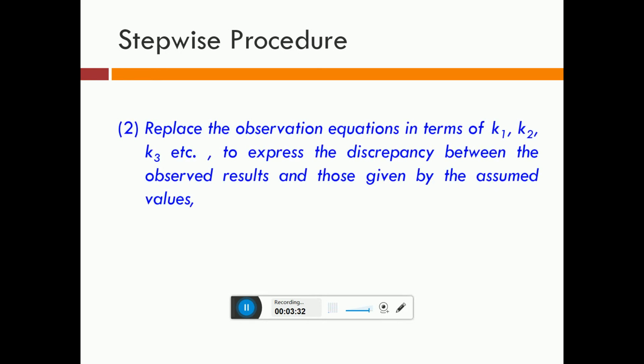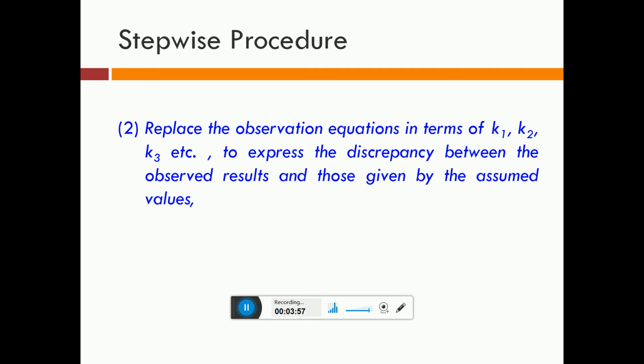Second step, replace the observation equations in terms of K1, K2, K3, etc. If you have 4 equations, then you will require 4 residual errors or corrections K1, K2, K3, K4. If you have 5 equations, then it will be K1 to K5, likewise.